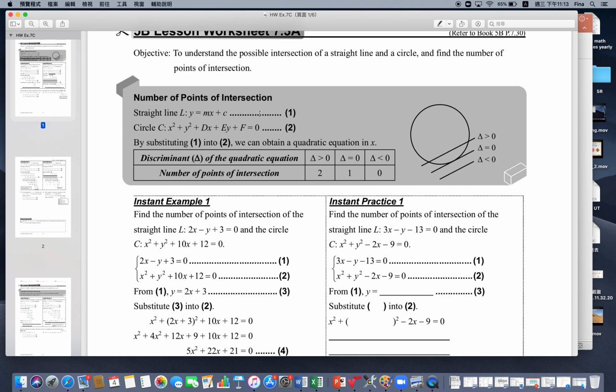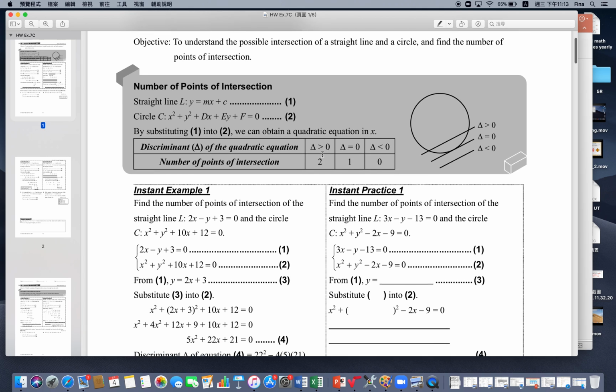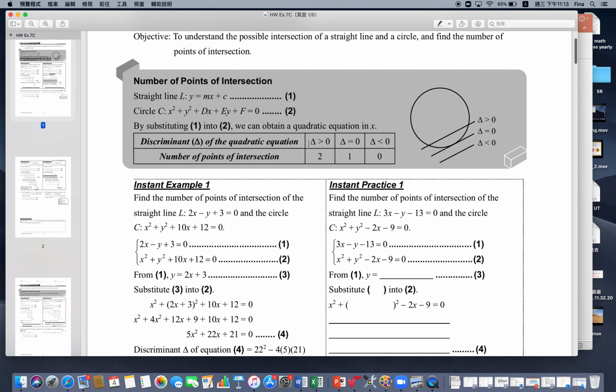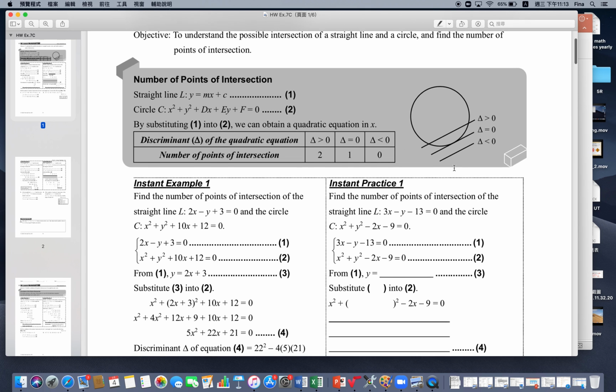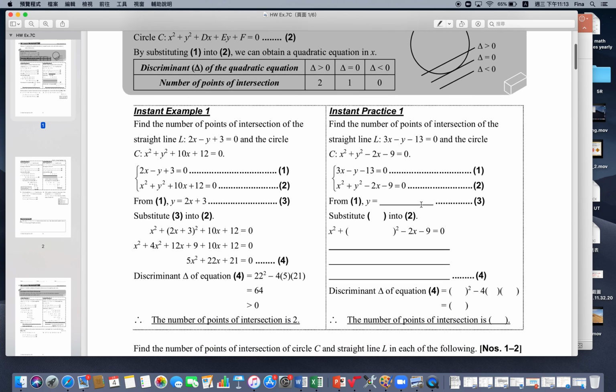Then you have to substitute equation 1 into equation 2, and you will get a quadratic equation in x. Then we only need to consider the delta, and we know the number of points of intersection.